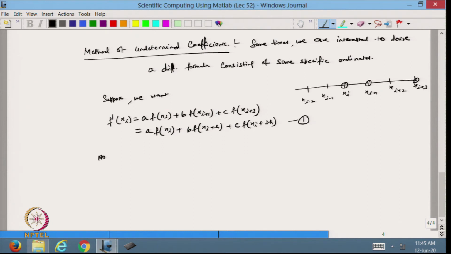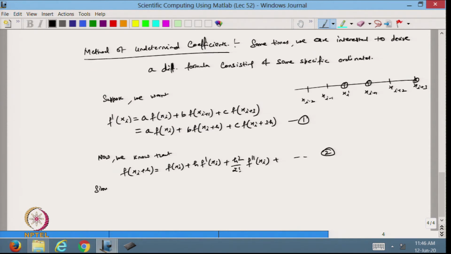Now we know that f at xi plus h can be written using Taylor series, so let us take it as 2.